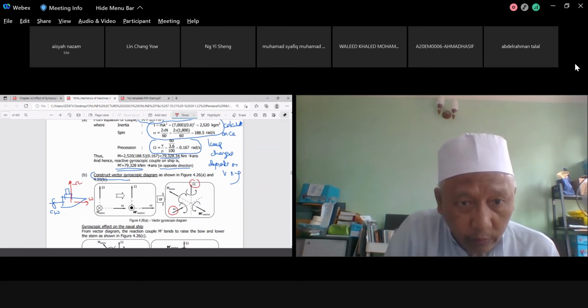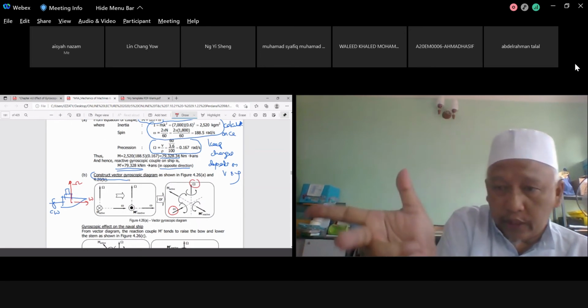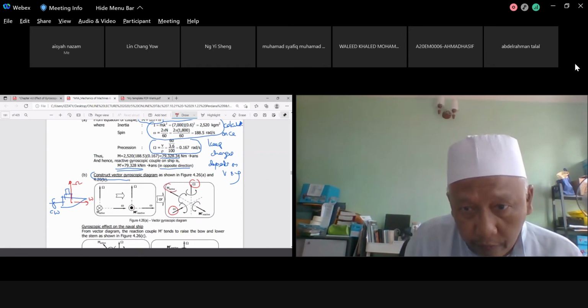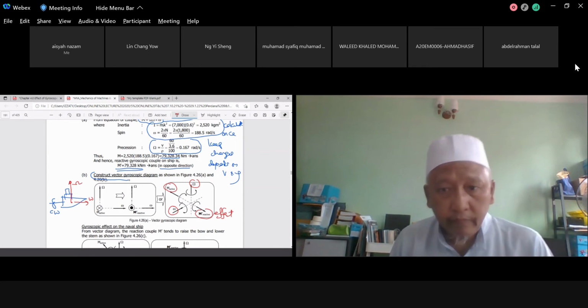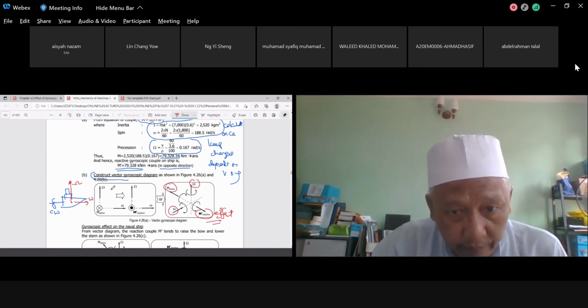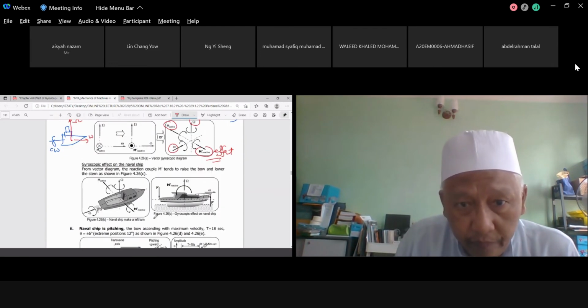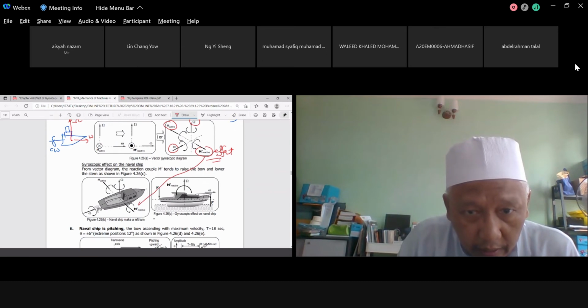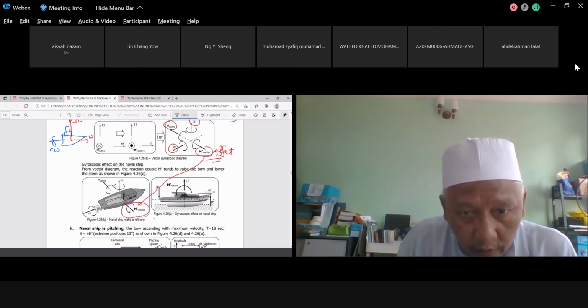When you have this one, it will be pointing inward. So this one is active, this one will be reactive, and this is the effect. So you take this one and put it on the ship. This is equal to here, from the gyroscopic vector diagram.